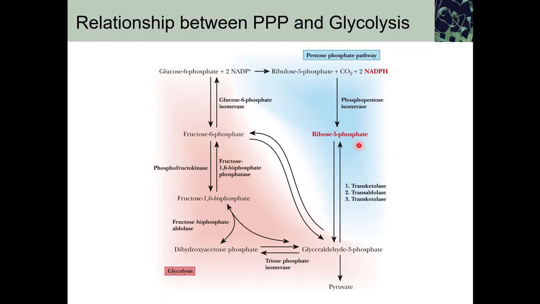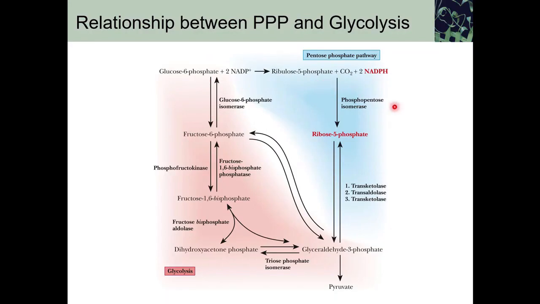Because you need a lot of nucleotides in that case, and you also need reducing equivalents in that case. So if you need NADPH and ribose 5-phosphate, the glucose 6-phosphate is channeled to the pentose phosphate pathway. That is why it's an alternative to glycolysis, because instead of going to glycolysis, it goes to the pentose phosphate pathway in that case.